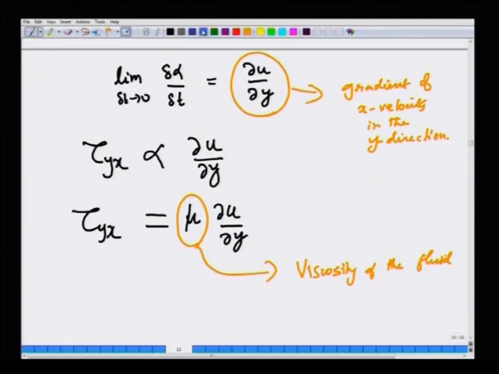That is why a fluid cannot resist any amount of shear stress, because it continues to deform and therefore, it flows. So, the viscosity tells you about the resistance to flow in a fluid, just as the elastic modulus of a solid tells you how difficult it is to deform a given solid. So, this simple equation is called Newton's law of viscosity.